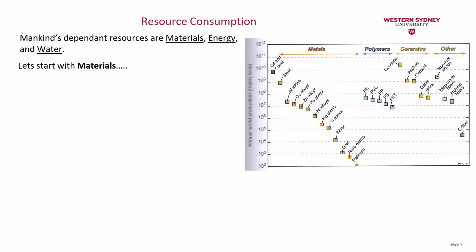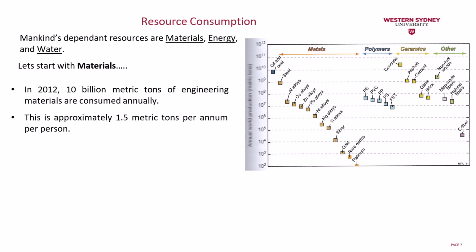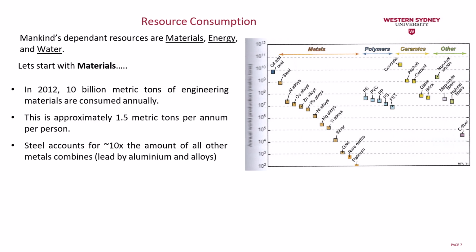Mankind depends on resources that are materials, energy, and water. So let's start with materials. In 2012, 10 billion metric tons of engineering materials were consumed annually, which is approximately 1.5 metric tons per annum per person. Steel still accounts for about 10 times the amount of all the other metals combined, led by aluminum and alloys.